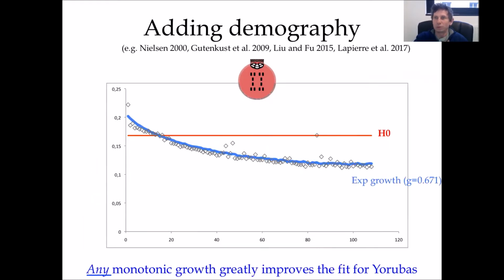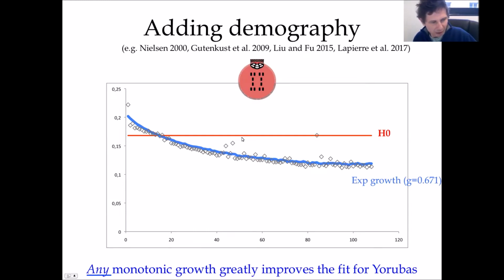What we like to do in human population genetics is put in a demographic model, and here I've fitted an exponential growth. You see that with an exponential growth of parameter 0.7, I can reproduce more or less the observed site frequency spectrum, which means, without any surprise, the human population is expanding, maybe exponentially, maybe not.